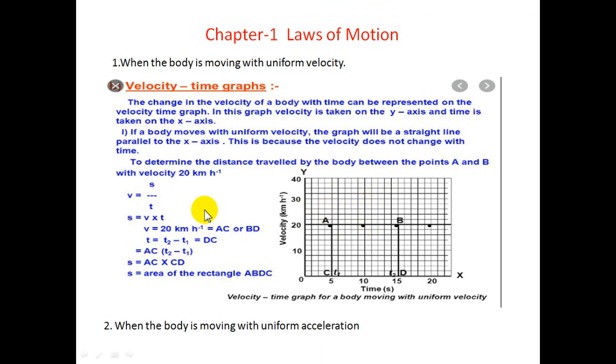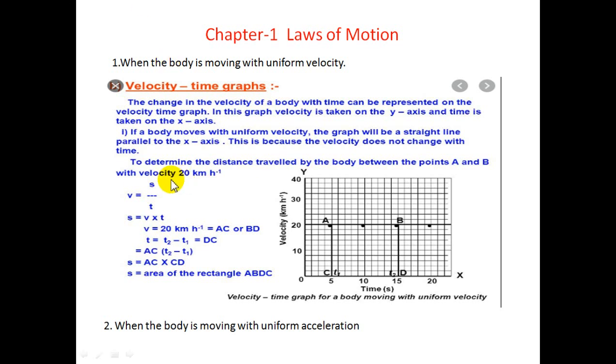Now, if we have to calculate the distance, or you can say the displacement, in the case of velocity we usually use the term displacement in place of distance, but they are almost the same. First of all, what is the formula for velocity? The total displacement divided by time is known as the velocity.